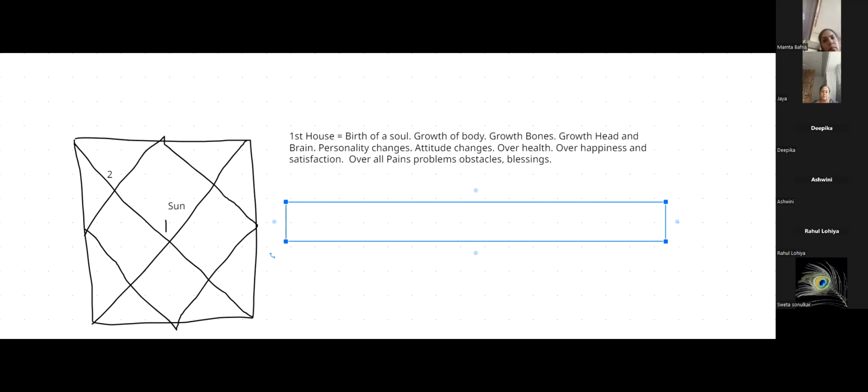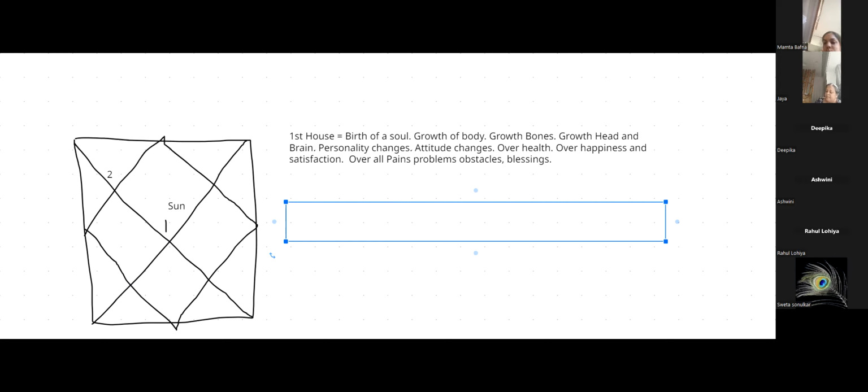Gold is especially mentioned here because we will see the value of that. Then comes speech. The baby starts to talk, right? In the second house: speech, tongue. Face. The face starts to develop, right? It starts to change. Then voice. Teeth. Nose.